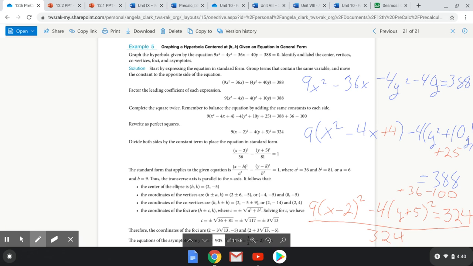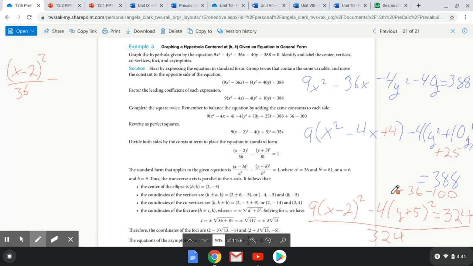So let's see, 324 divided by 9. Remember, the very last step is to simplify. So 324 divided by 9 is 36. So I have x minus 2 squared over 36 minus, so now I know the order here.